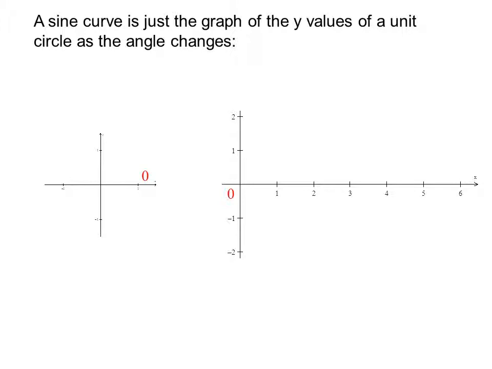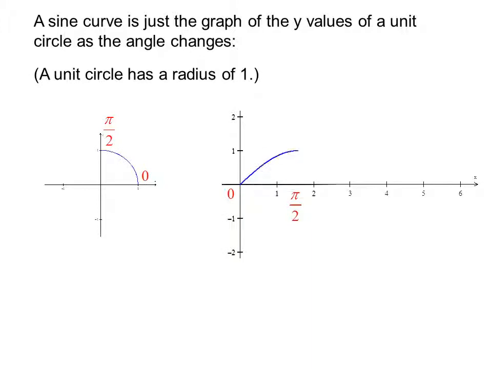A sine curve is just the graph of the y values of a unit circle as the angle changes. A unit circle has a radius of 1, remember. So at pi over 2, the sine is 1.